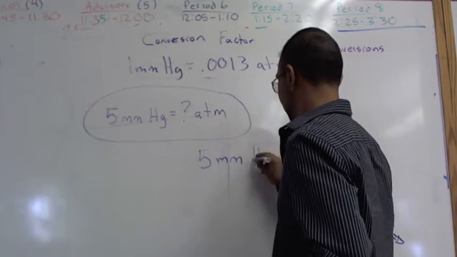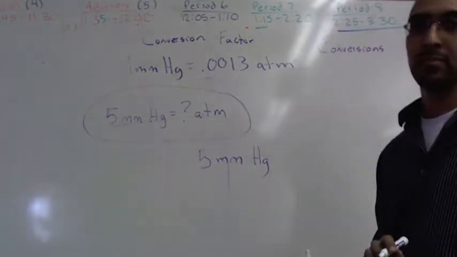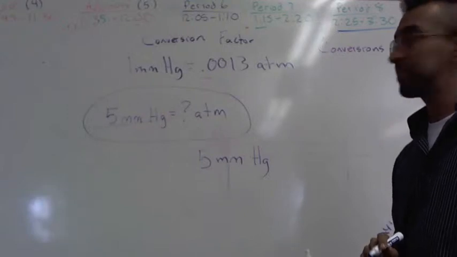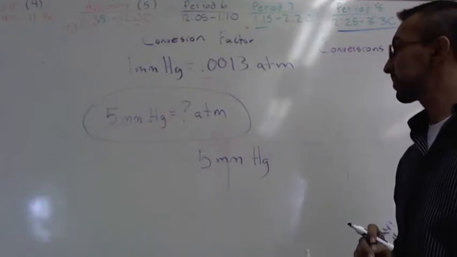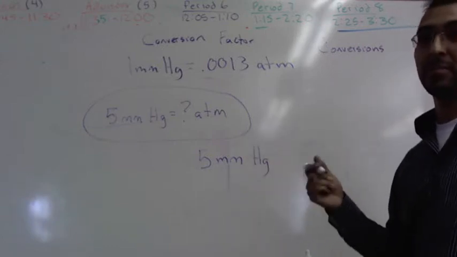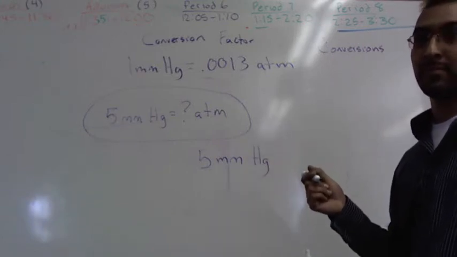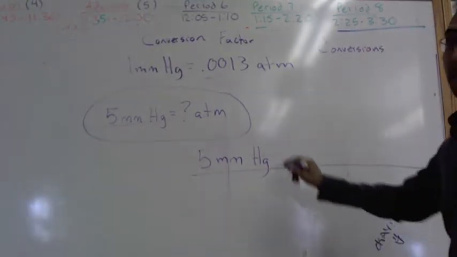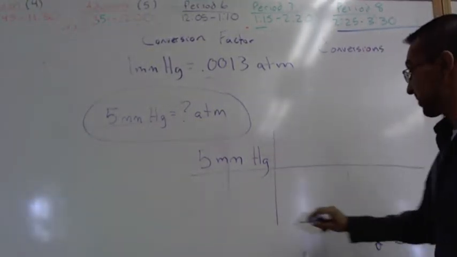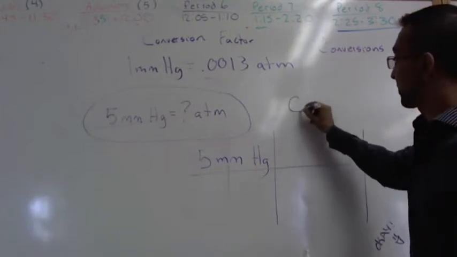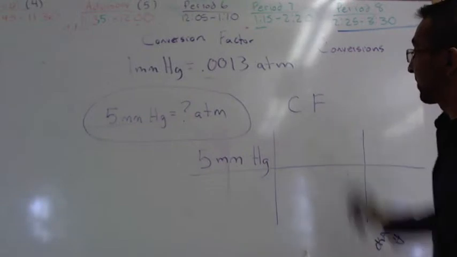To set up the other measurement right now that I don't know. Right, so that's the second step. What's the artwork we do? Oh, draw the horizontal line. Horizontal line and a vertical line, right? So we're going to make like a square in here. Remember, your conversion factor goes in here.